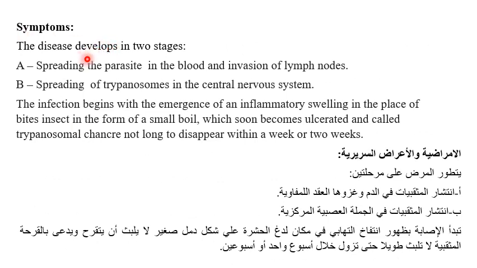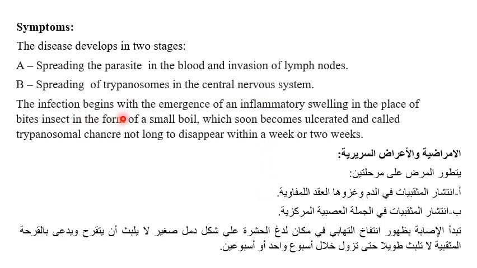Symptoms. The disease develops in 2 stages: first, spreading of the parasite in blood and invasion of lymph nodes. Second stage, spreading of trypanosomes in the central nervous system. بيبدأ تنتشر تريبانوسوما في الجملة العصبية أو الجهاز العصبي.